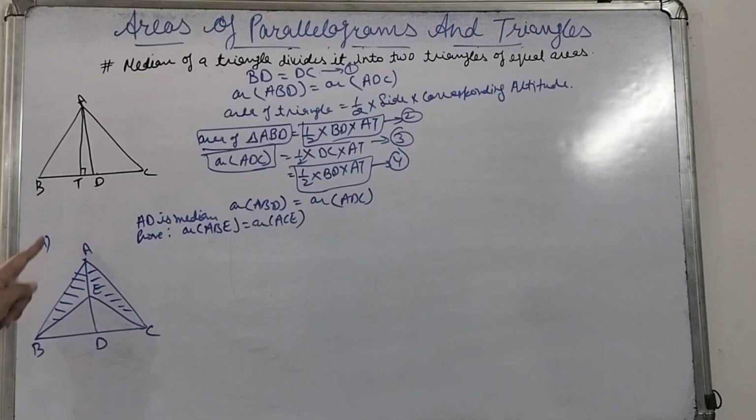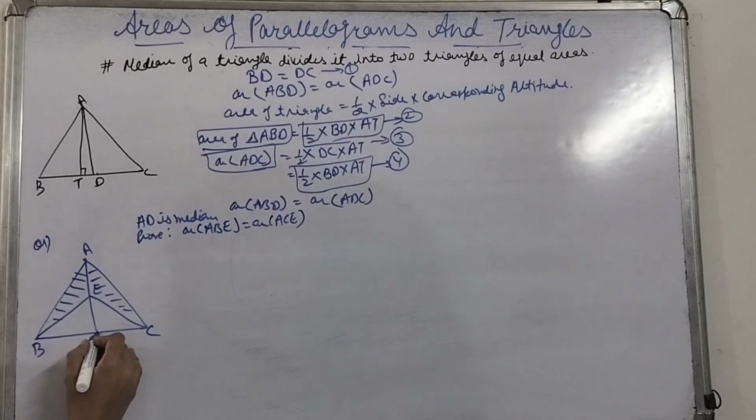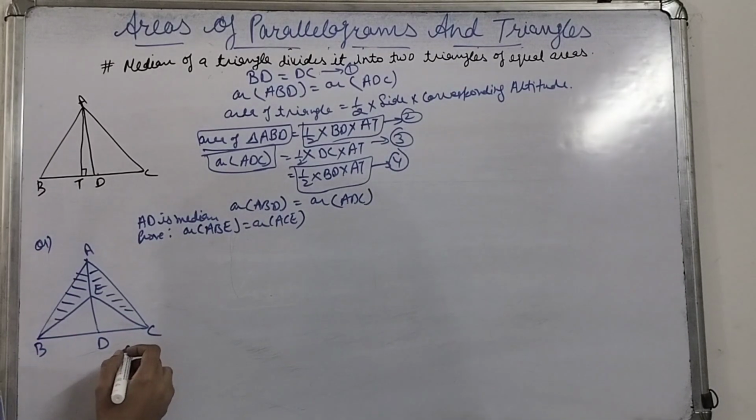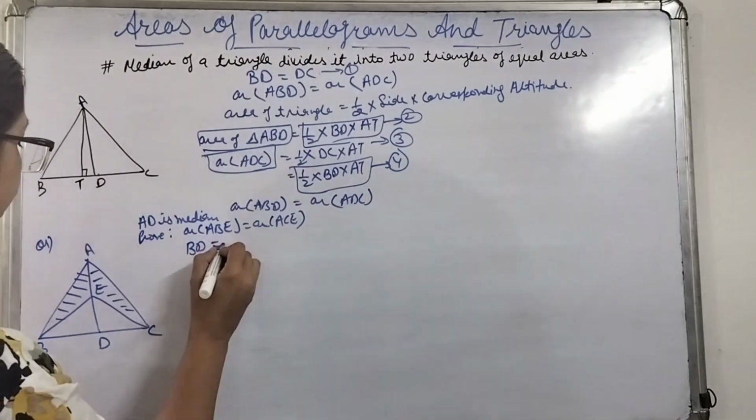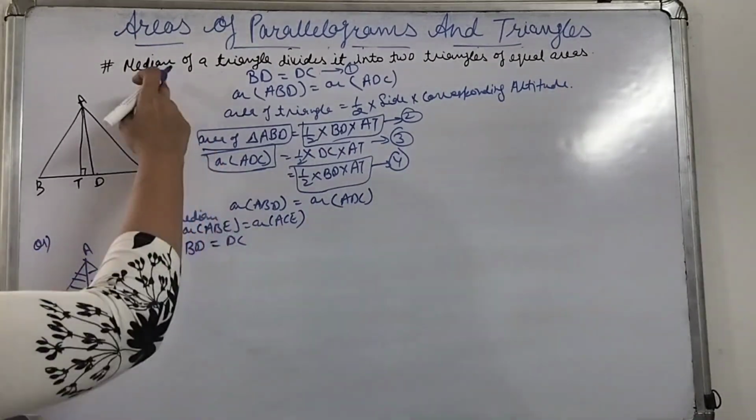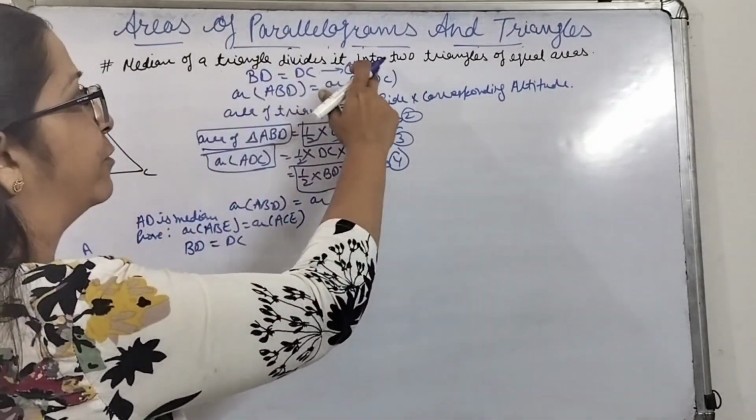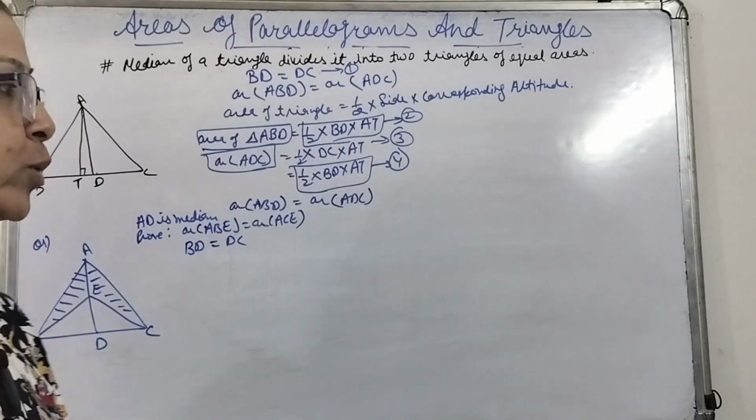Here it is given that AD is the median of the triangle. That means D is the midpoint of BC, which simply means BD is equivalent to DC. Just now we have seen that the median of a triangle divides it into two triangles of equal area.